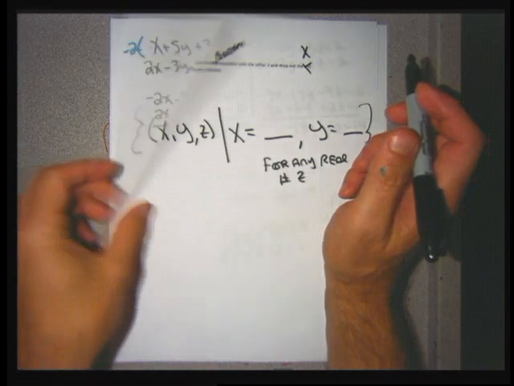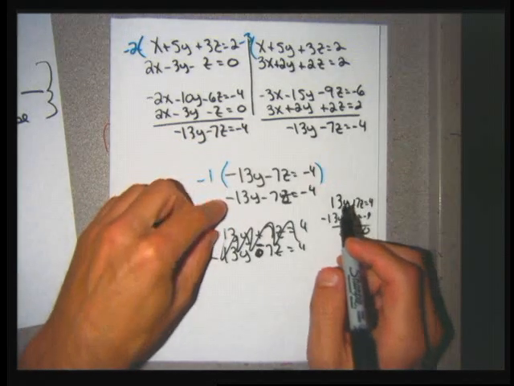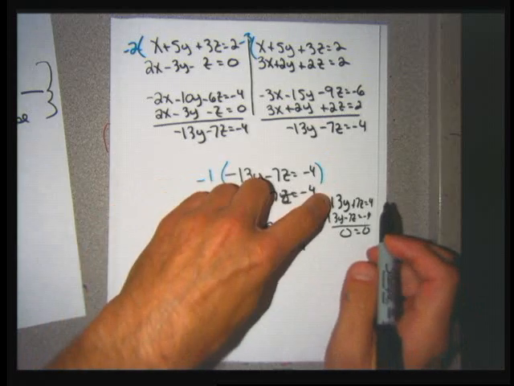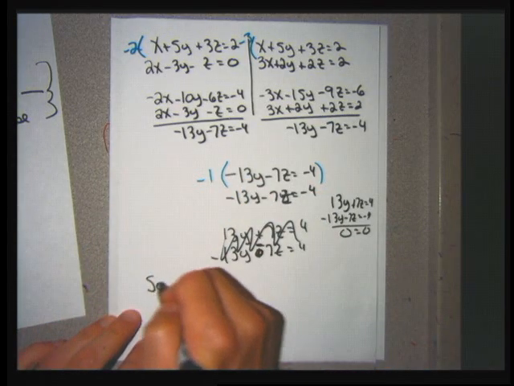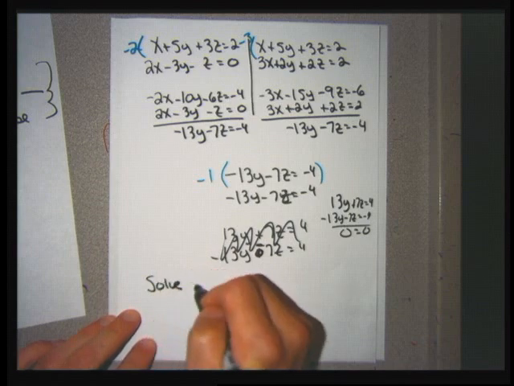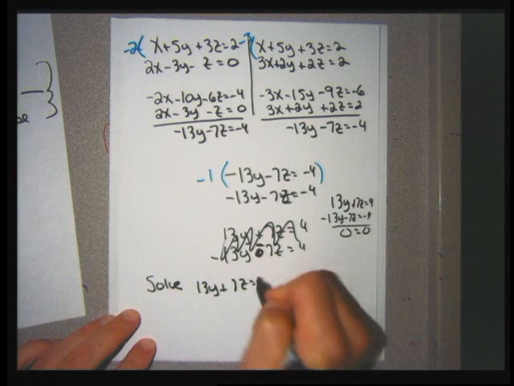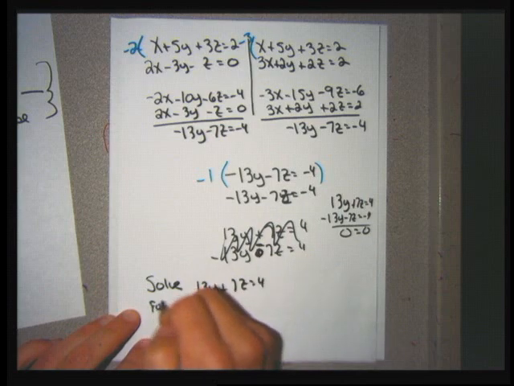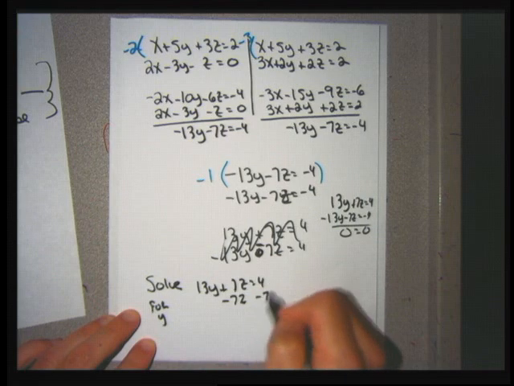So what I'm going to do at this point is take one of these equations, probably this one, and solve it for y. And I'll write that in my answer next to the z. So I'm going to solve this equation, 13y plus 7z equal to 4, for y. Specifically, I'm going to subtract 7z from both sides.